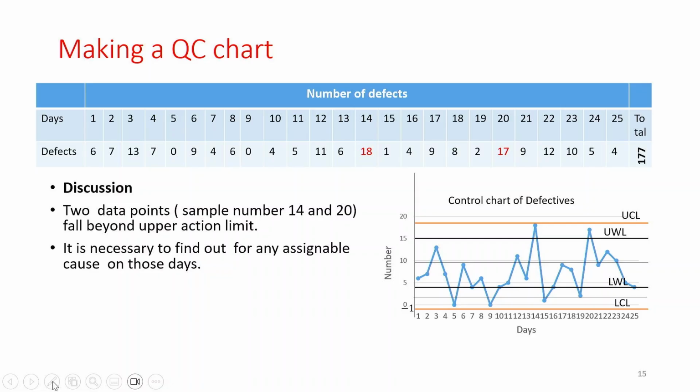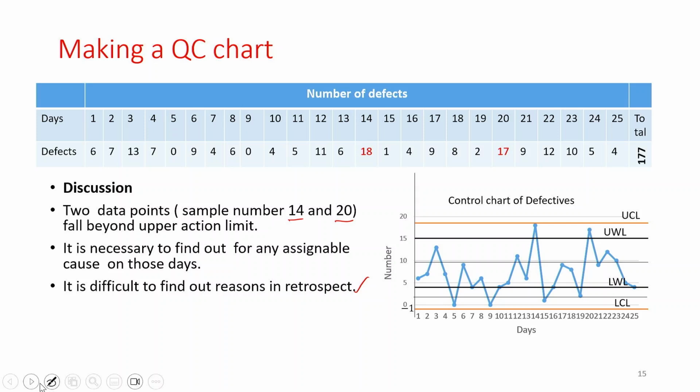In the previous slide we saw that the 2 points going beyond the action limit were sample numbers 14 and 20. That means on those 2 days we now have to find out what has gone wrong, and it is difficult to find reasons in retrospect because those days have already gone. We have also taken samples after those days.